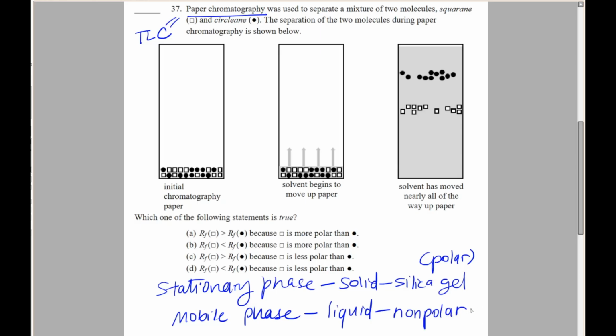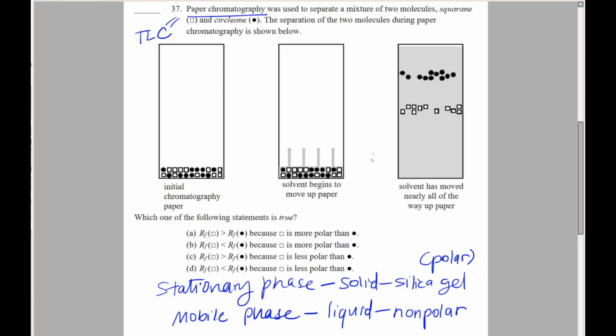So now that we have that established, let's look at these images. On our initial chromatography paper, nothing has happened yet because we haven't added the mobile phase. So all of these compounds are starting in the same position. And then as time goes on, the solvent or the mobile phase starts to move up the paper and takes these molecules with it.